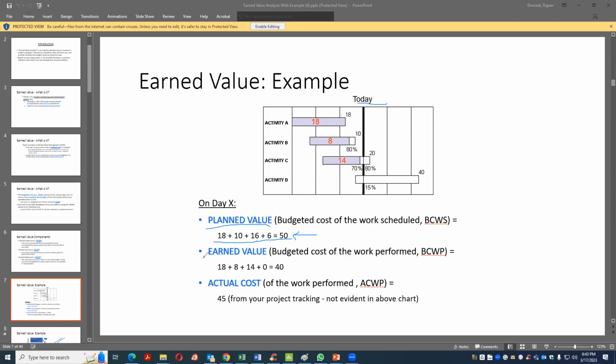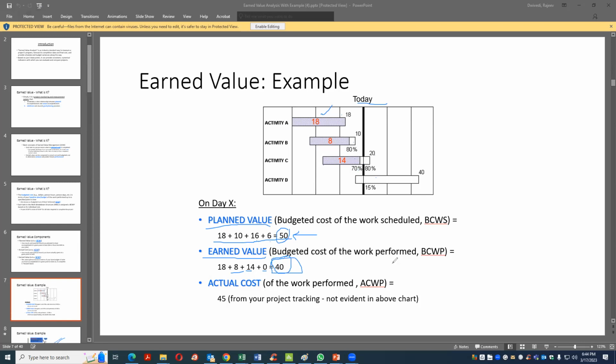Now, what is the earned value? As of now, you got 18 out of 18 here. You got 80% of this 10, which is 8. You got 70% of 20, which is 14, and you have not started the fourth activity yet, which is 0. And the total is, so far you planned 50, actually you earned 40.